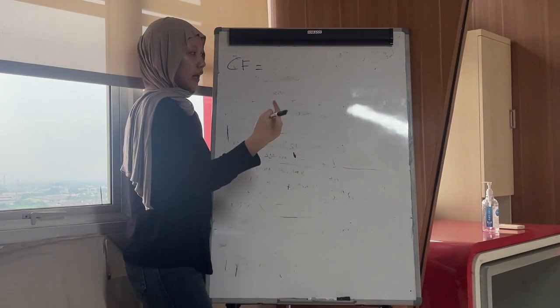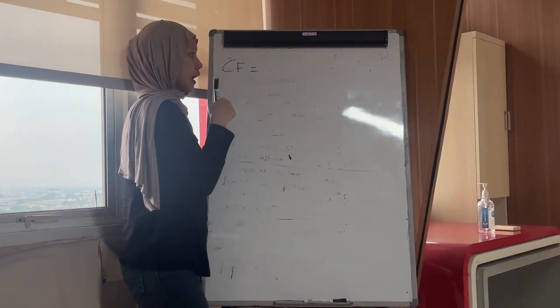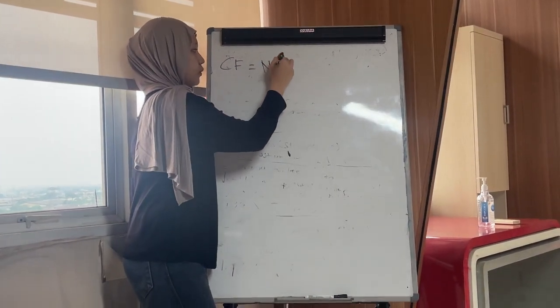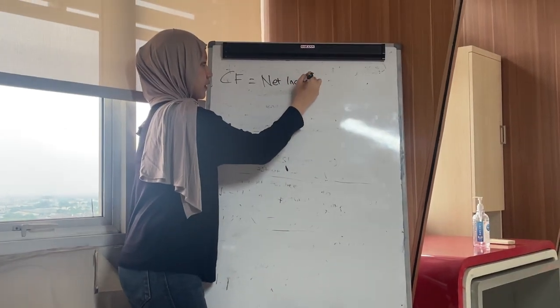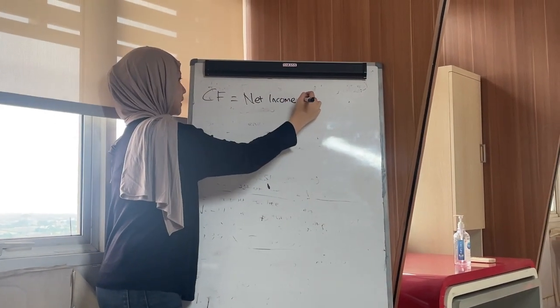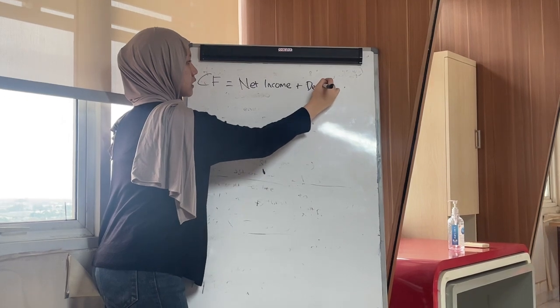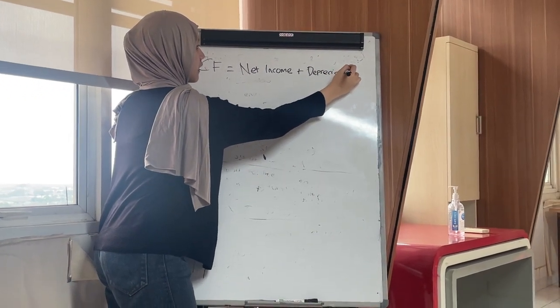Okay, after we get the net income, now we calculate the cash flow. Cash flow is net income plus depreciation expense.